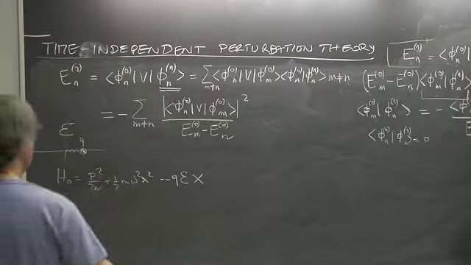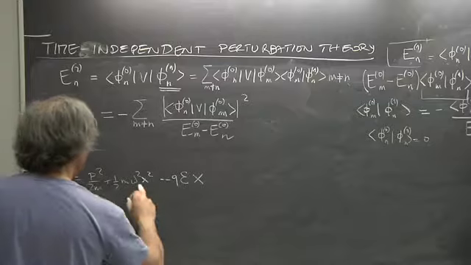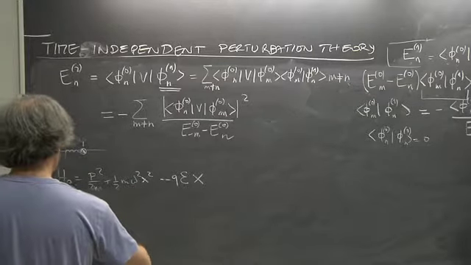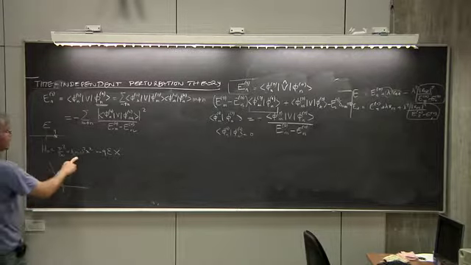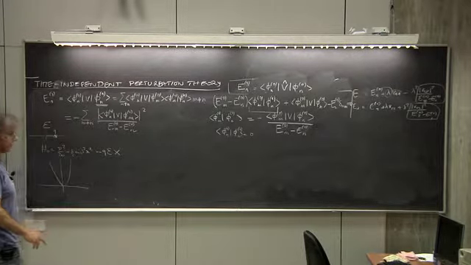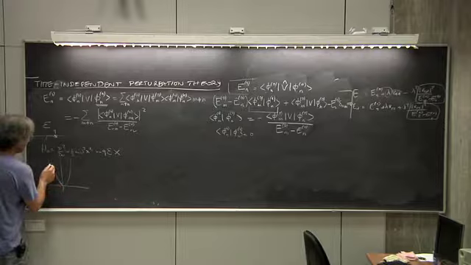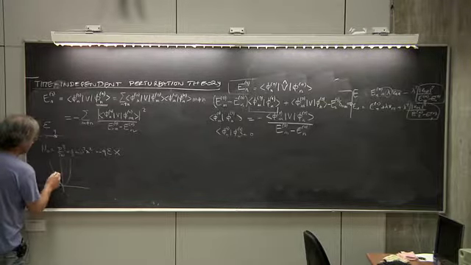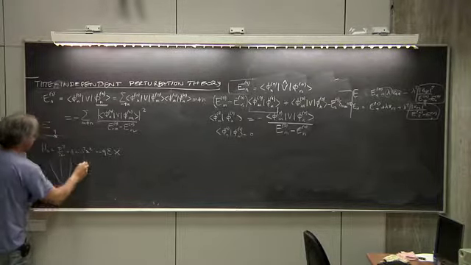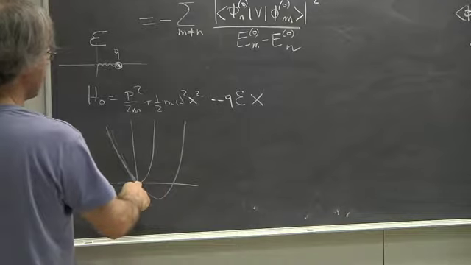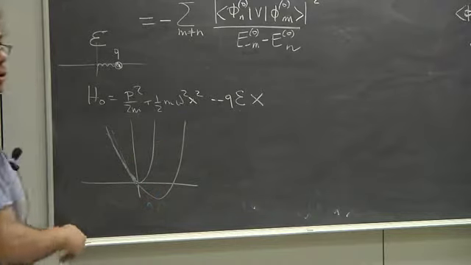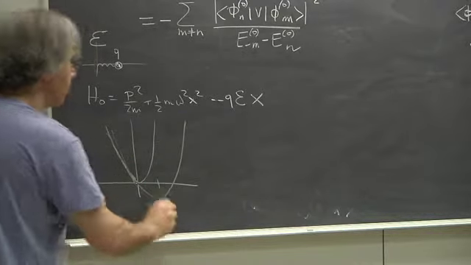So before I had just a harmonic potential, now I have harmonic plus a linear term. And you realize that this is in general something like this. Okay? It's still a parabola, but shifted now from having a minimum in the origin to having a minimum somewhere else.